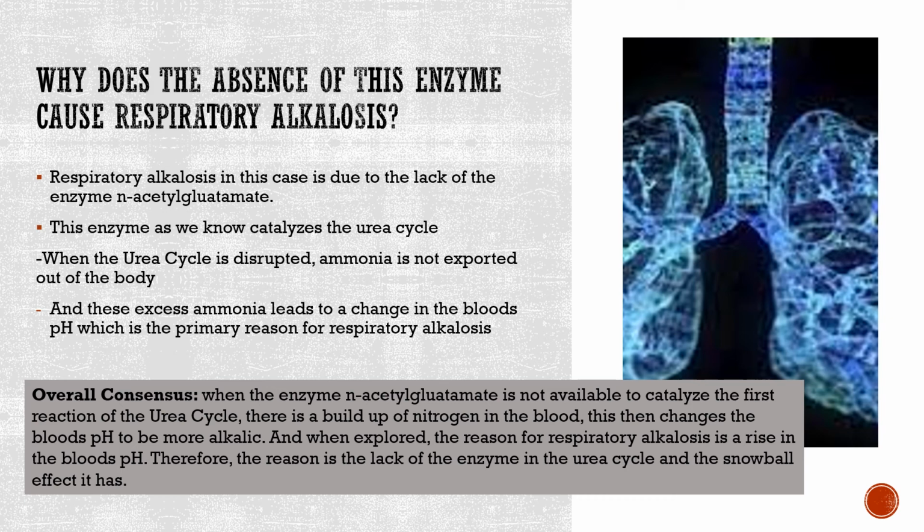Therefore, the reason is the lack of the enzyme in the urea cycle and the snowball effect it has. When this enzyme does not work, the rest of the urea cycle cannot happen either, because if you don't have that enzyme, how could you continue the cycle in the body? So this is the reason why the little kid had this problem so early on.